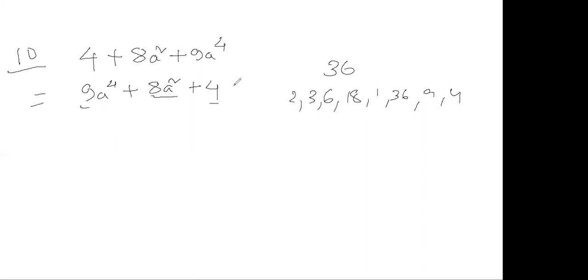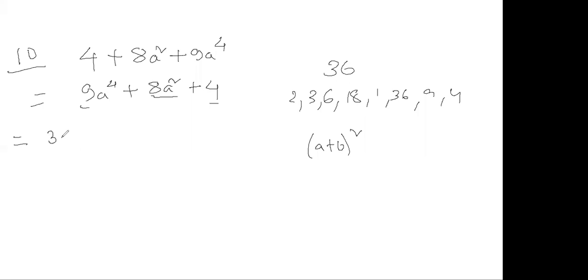So we will try to convert it into a formula, like a plus b whole square. Then we will try to subtract. Let's check the third line. How do we do it? If we focus over here, 9a to the power 4 is actually what?